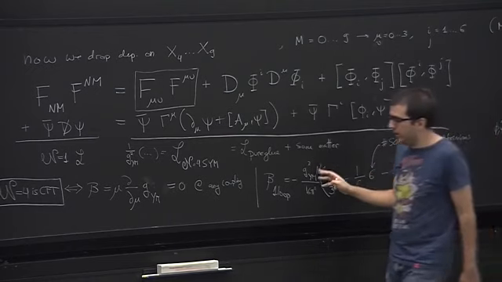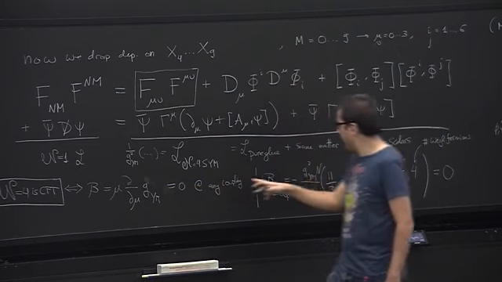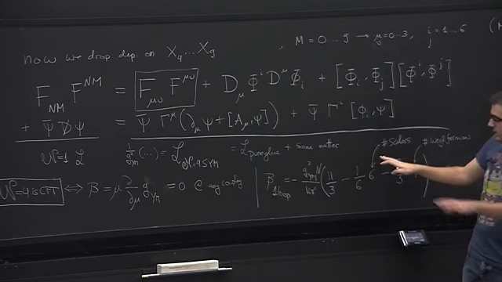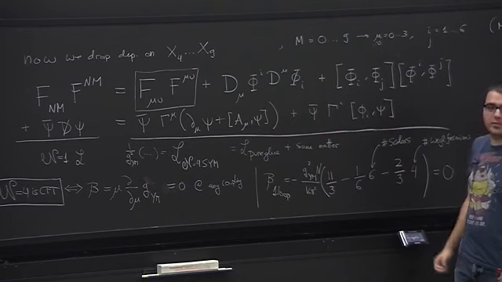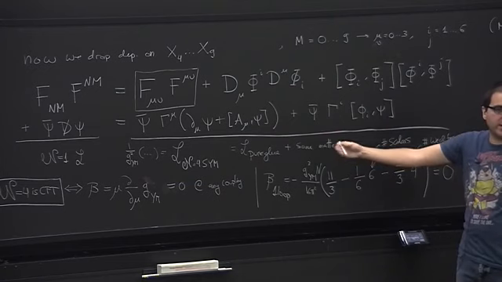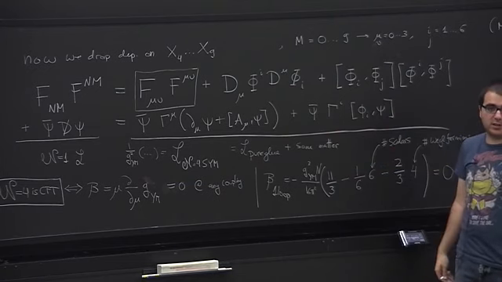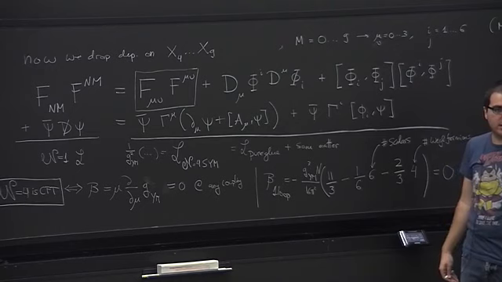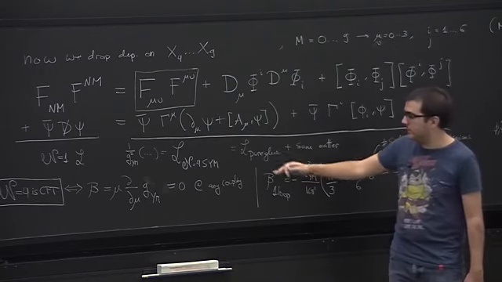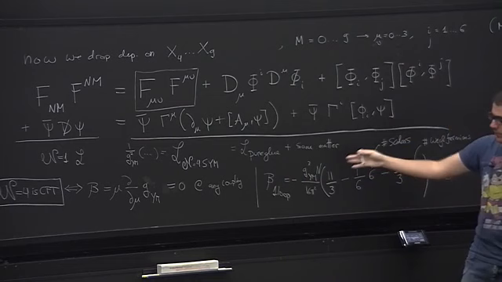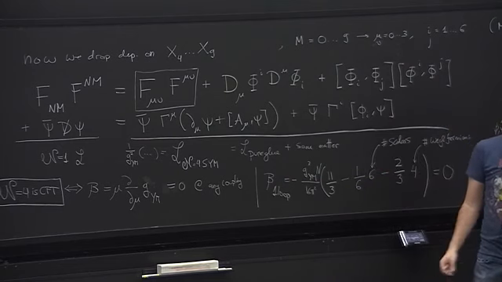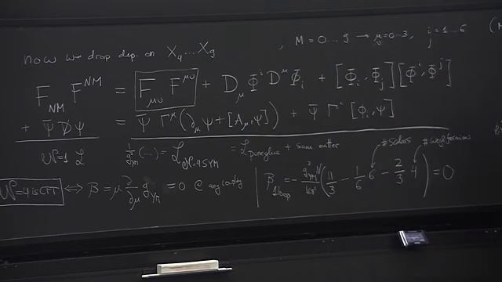It's easy to see that if you compute the beta function for g squared, you would realize that what you should hold fixed is lambda, the 't Hooft coupling. So it's another way of arguing for the 't Hooft limit. If you want to keep lambda fixed when taking n to infinity, you should take the 't Hooft limit.